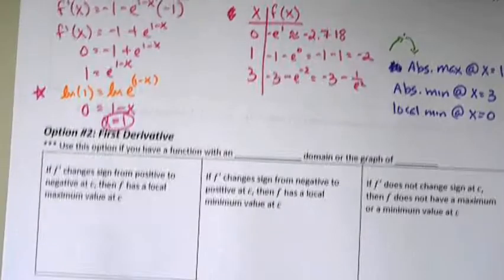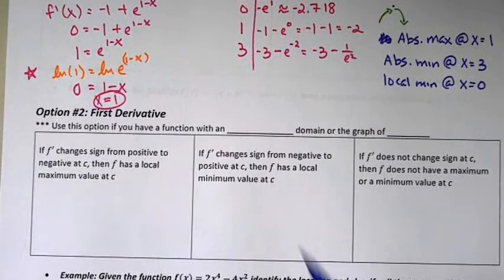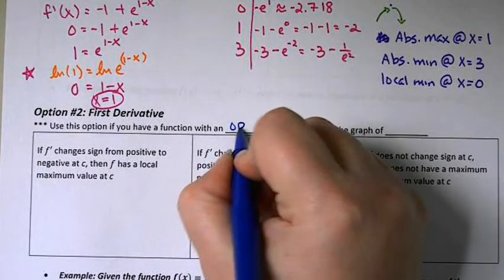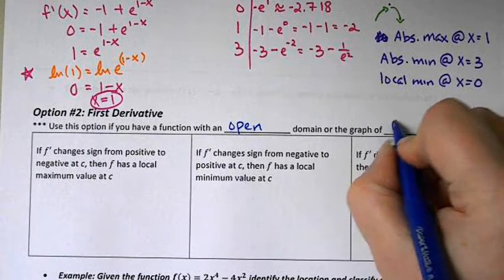Looking at option 2, this is our first derivative test. So we use this option if we have a function with an open domain, or if we have the graph of f prime of x.